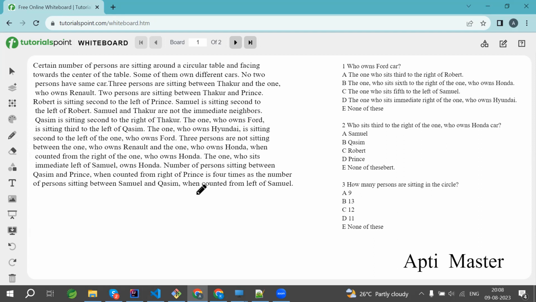So now the reference is Robert is sitting second to the left of Prince, and Samuel is sitting second to the left of Robert. Suppose we draw like this.